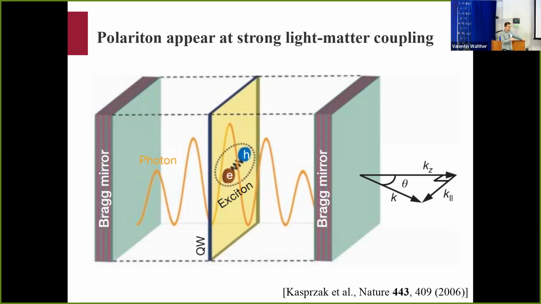If this coupling is strong enough, you can really get superpositions of having a photon and having an exciton. The condition for that to happen is that the exchange of energy between the photon and the exciton happens at a faster time scale than both the decay rate of this exciton into some other channels and the decay of the photon through the cavity walls.